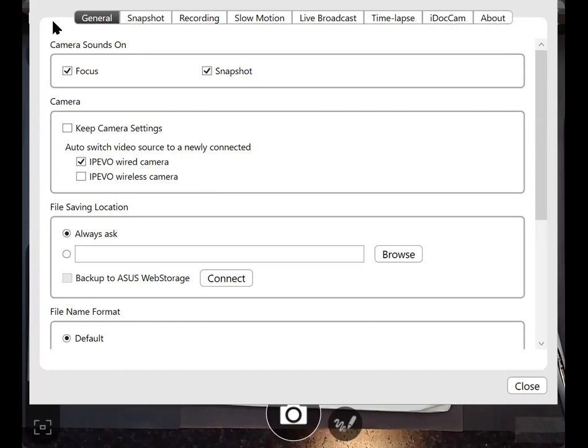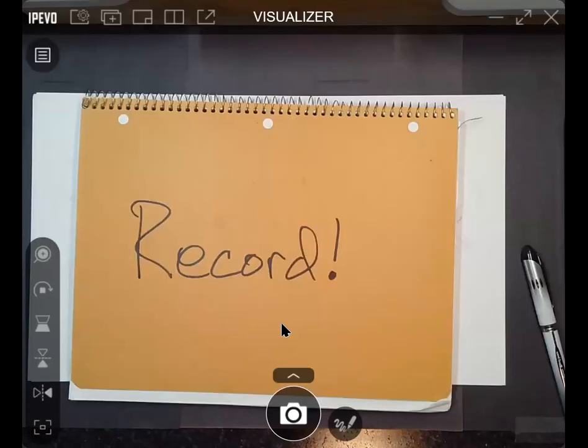I had to find out how to do this a while back, and I can't remember just how I had to do it. Okay, my screen sharing is paused, not that it was working. Select the camera.